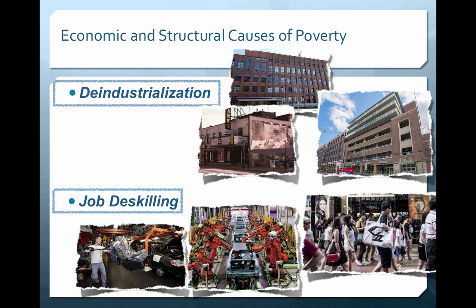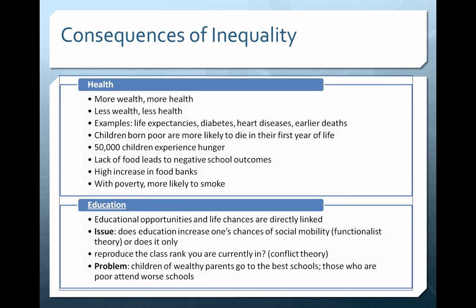Now, whatever the causes of poverty, there are consequences of this inequity. And these consequences can be affecting health, or they can be affecting education. And when you think in terms of health, well, the general consensus has been those with the most wealth also have the most health. And we found all kinds of different examples in terms of where the health issues are related to income.